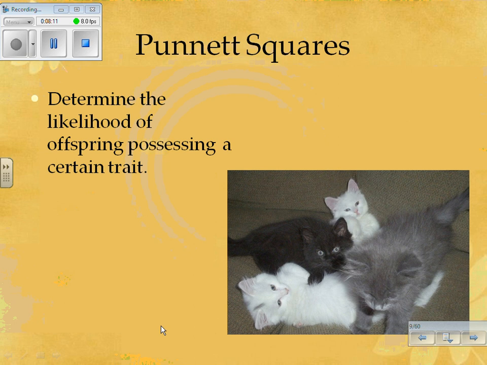We're not talking about just the number of offspring an individual can have. We're talking about the likelihood that those offspring would possess a particular trait. They're very simple to do, and doctors use them all the time. You can sit there in the waiting room of a doctor's office and figure out the likelihood that your child is going to have particular traits.